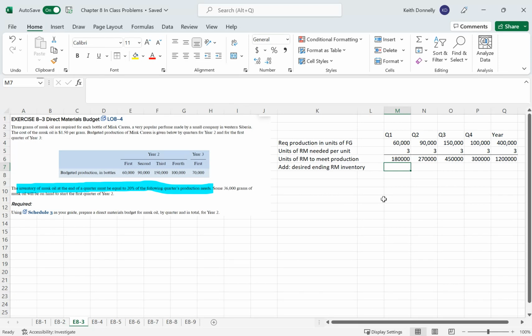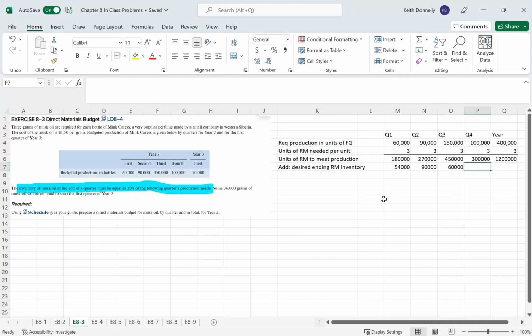So in this case, this quarter right here must equal next quarter's production needs times 20%. Same with this one: it must equal next quarter's production needs times 20%.